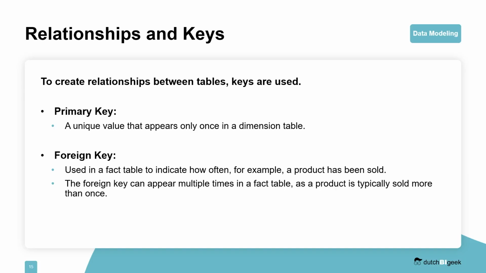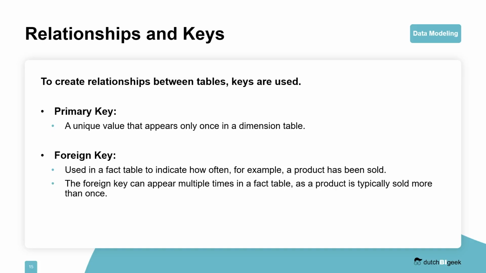If that's happening in your dimension table, you must go back to the drawing board. Then your dimension table is not built in the right way. Then we also have the foreign key. The foreign key, you find that in the fact table, and that indicates how often, for example, a product has been sold. So a foreign key can appear multiple times in the fact table.